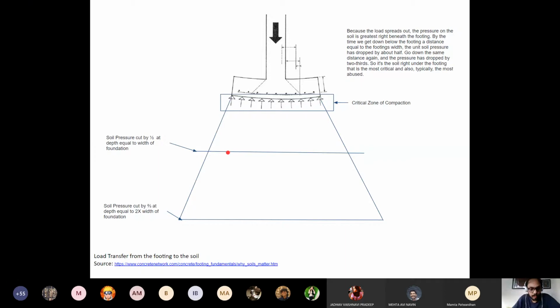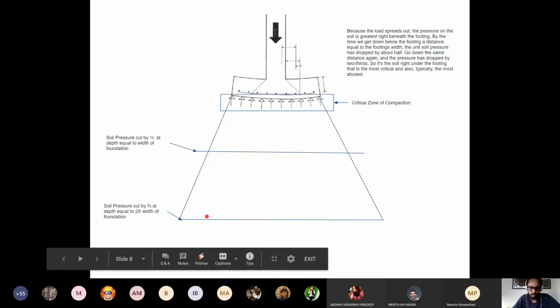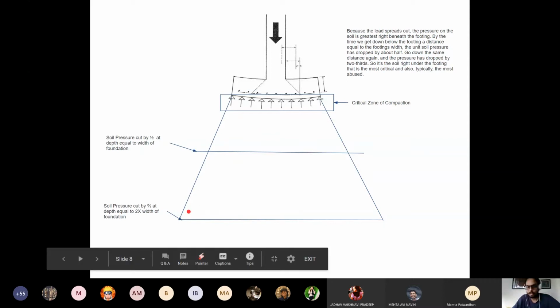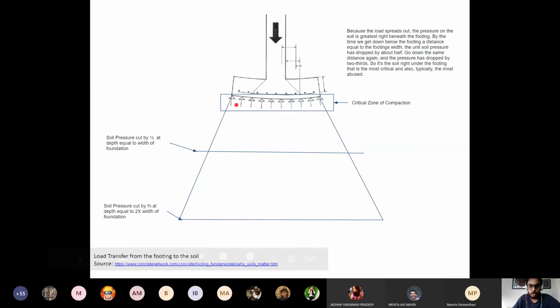As you move further below by the same distance, which is 2 times the width of the foundation, that pressure gets cut by 2/3. What does this mean? It means that your maximum soil bearing force is required where the foundation touches the ground, and this is called the critical zone of compaction.